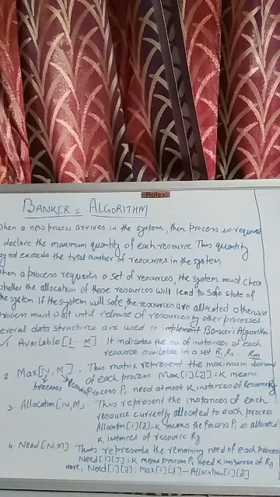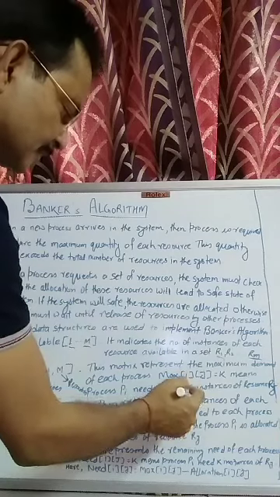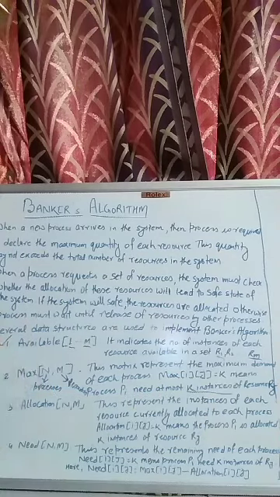Max of i of j equals k means a process Pi needs at most k instances of resource Rj. Here k is the number of instances required at most.